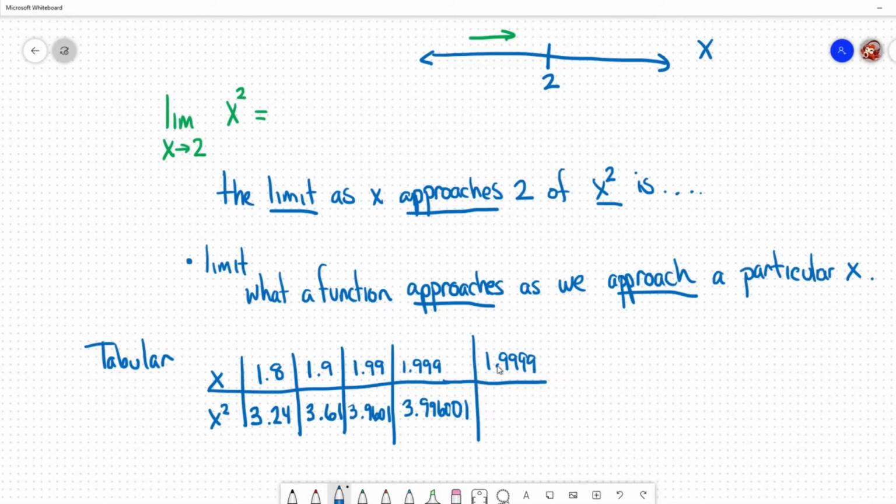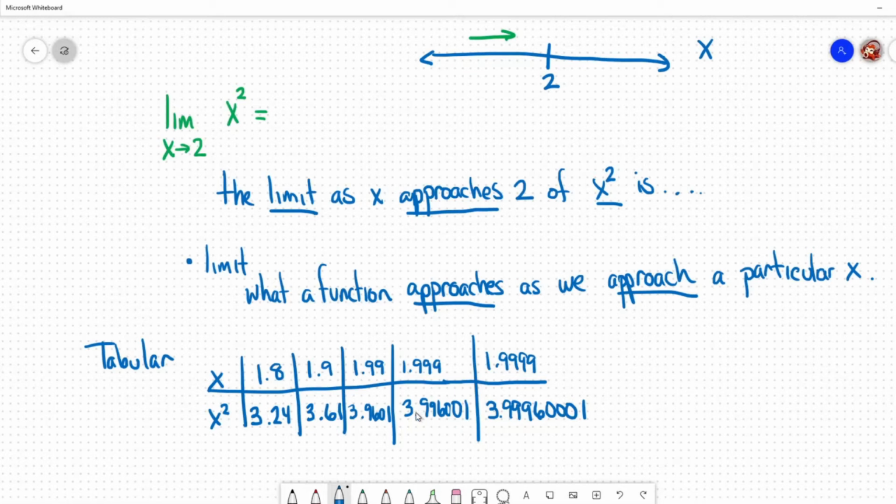I could keep saying 1.9999999999999999999 forever. What would it be approaching? I could punch that in my calculator. Let's say 1.9999. I square that, and I get 3.9996001.